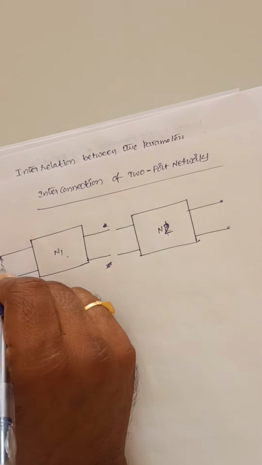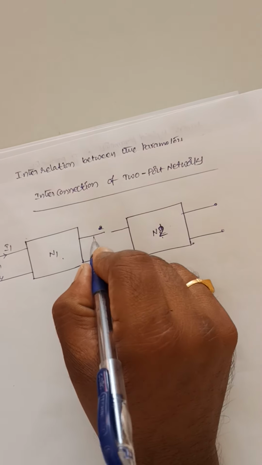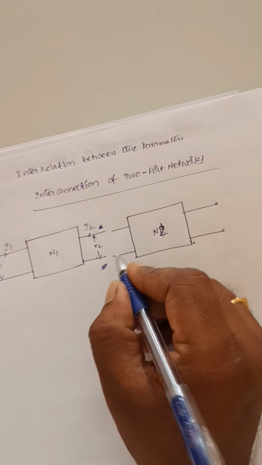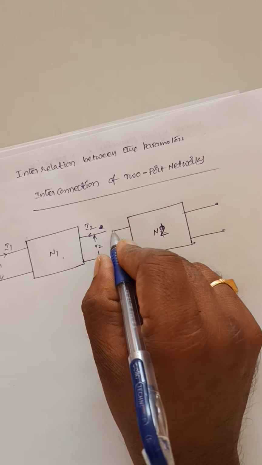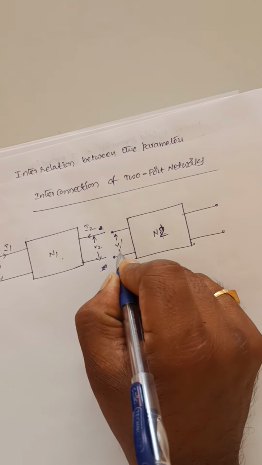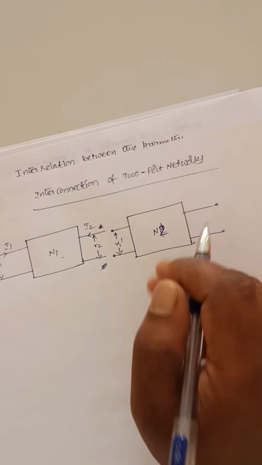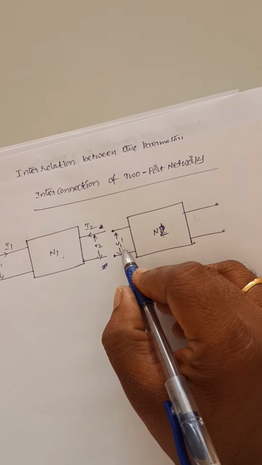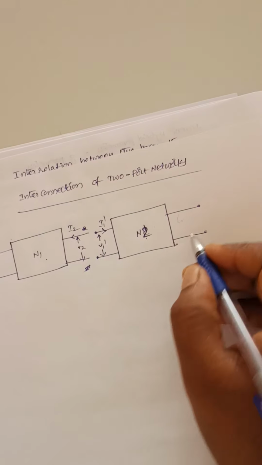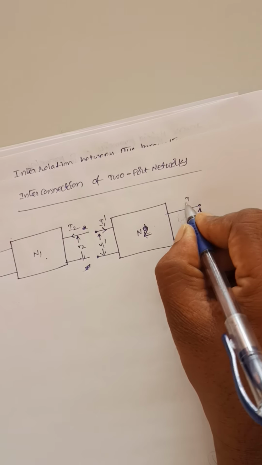So this is V1 and it is I1, and this is V2, it is I2. For the other network N2, we take the input voltage V1 dash, input current I1 dash, output voltage V2 dash, output current I2 dash.